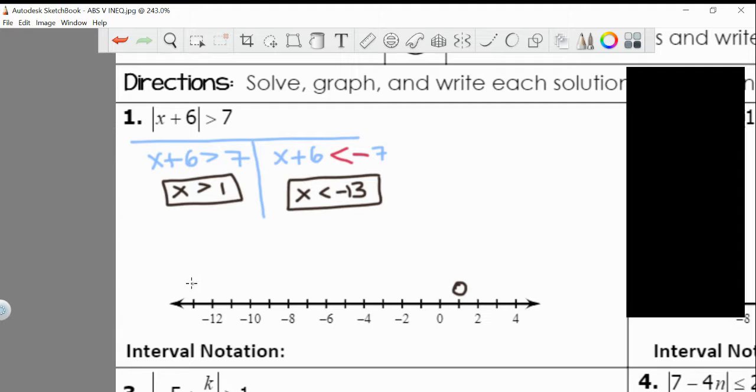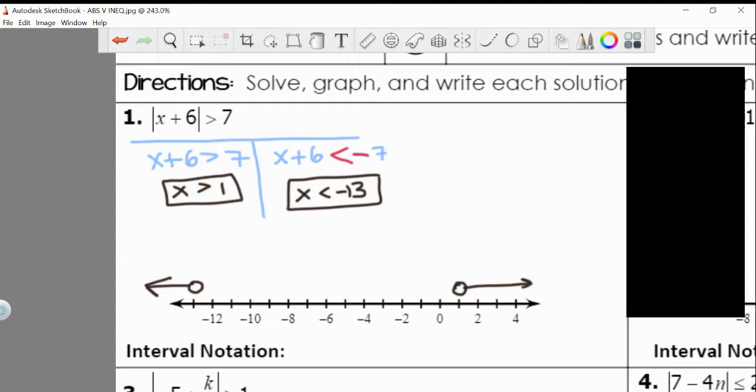We go to negative 13, which is right here. We put a circle. Now, is this going to be colored on the inside or on the outside? So we know that x needs to be greater than 1 and x needs to be less than negative 13. So that means it needs to be greater than 1, less than negative 13.